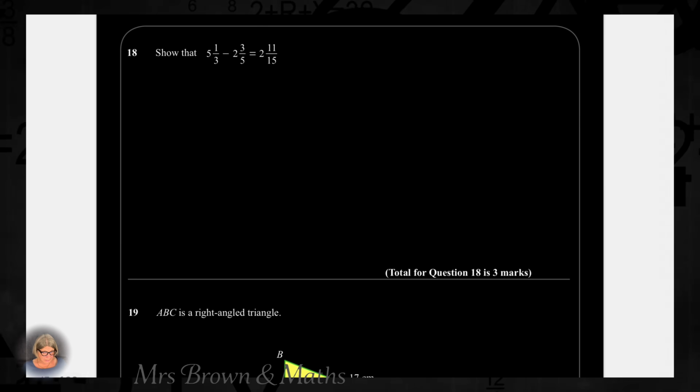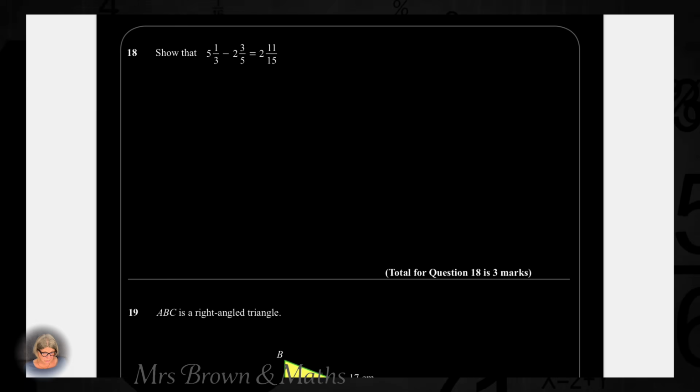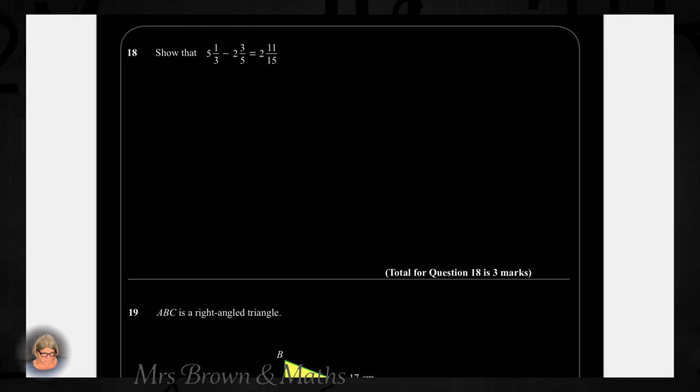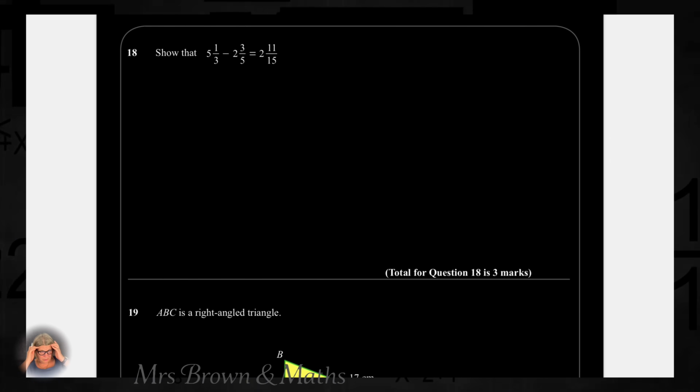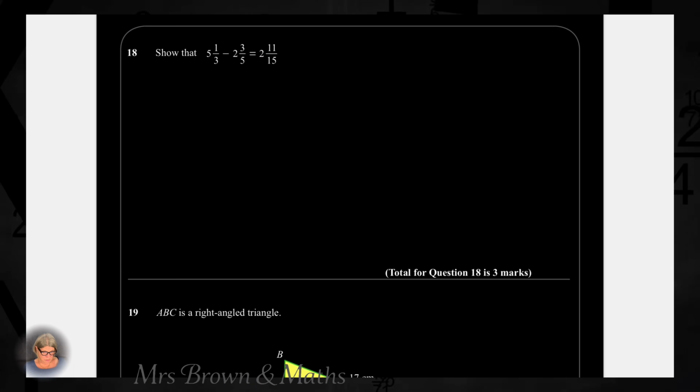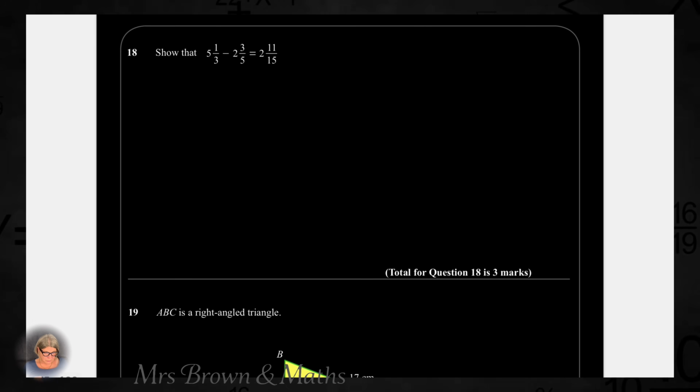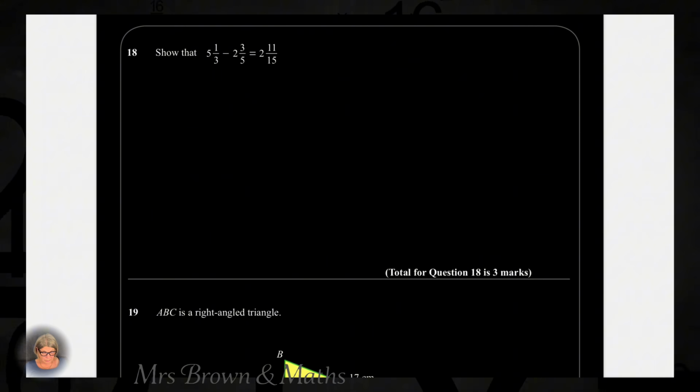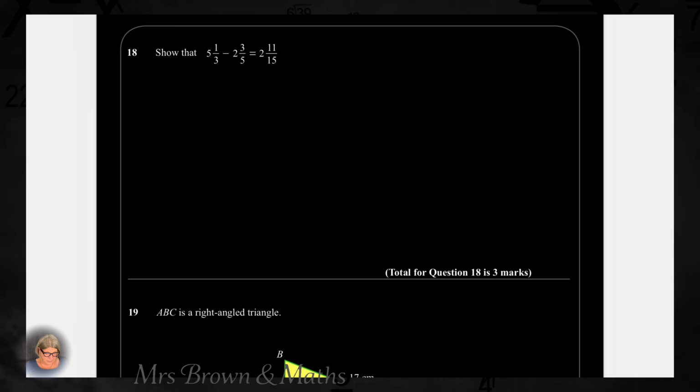Right, show that. So we have 2 mixed numbers, and we need to show that, right? So first of all, you can convert them to improper fractions. So 3 times 5 is 15 at the top, so it is 16 over 3, minus 5 times 2 is 10 plus 3, 13 over 5.